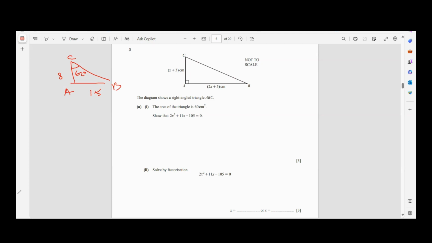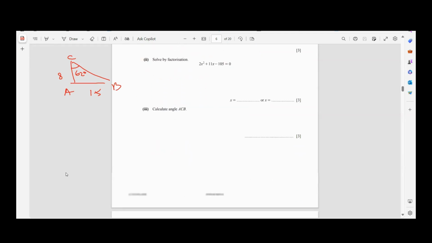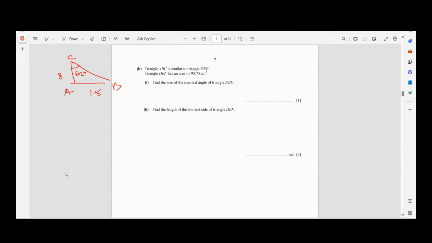Okay, let us scroll it down. So similar to DEF, the area, this is 90 degrees. Find the smallest angle of the triangle DEF. So this is 90 degrees.